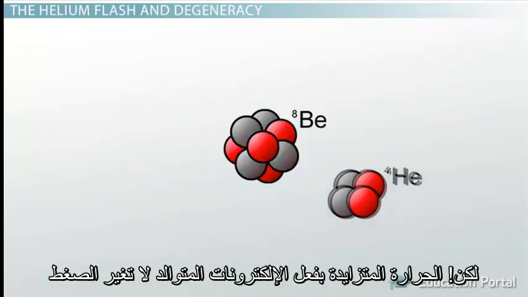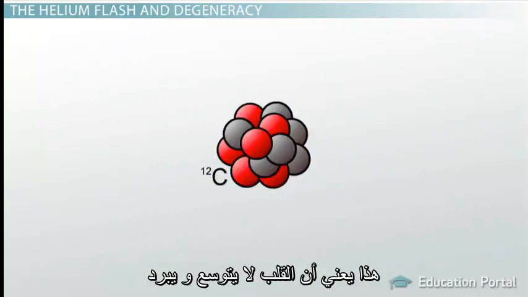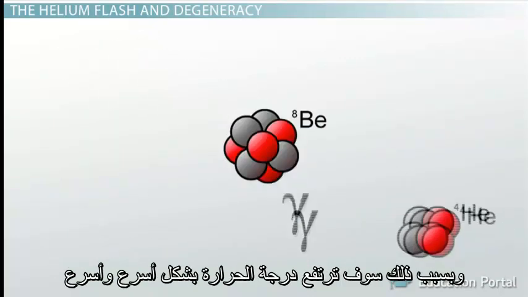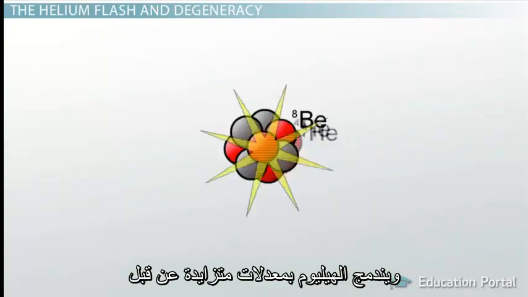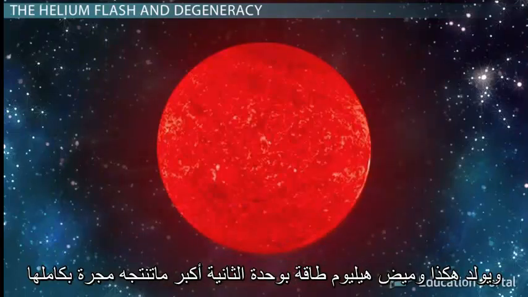But the increasing heat due to degenerate electrons does not change the pressure. This means the core doesn't expand and cool, and because of this, the temperature rises faster and faster, and helium fuses at ever-increasing rates in a sudden and explosive manner that's called the helium flash. This helium flash generates more energy per second than an entire galaxy.